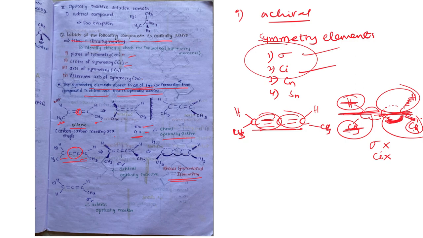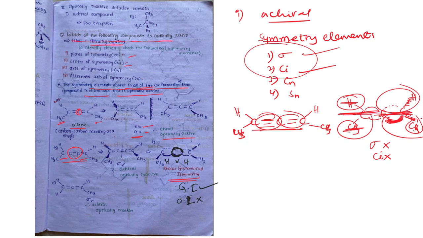In case like this, a plane of symmetry is possible. Here the student wrote it maybe wrong; you consider this vertical, this horizontal, vertical, horizontal. Then geometrical isomerism is possible, but optical isomerism is not possible.